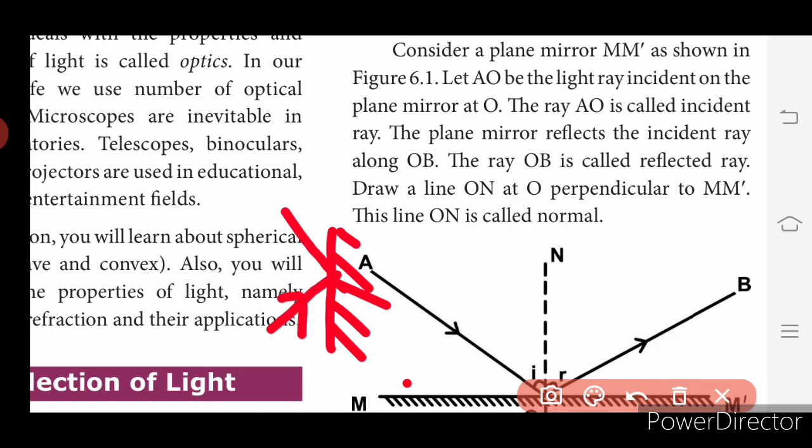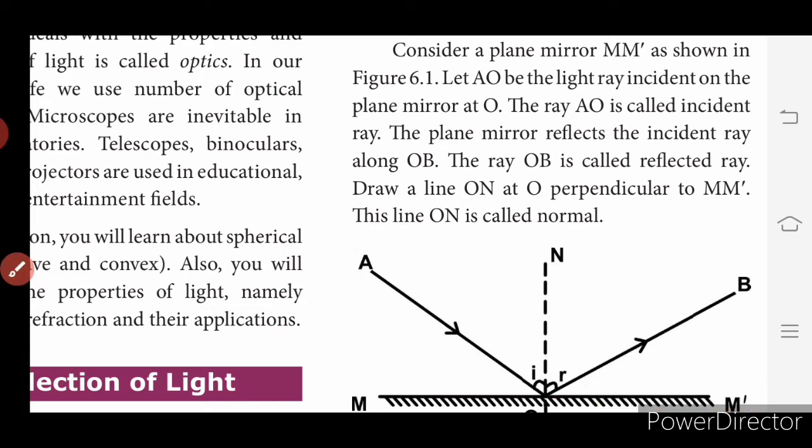So you have to shade the mirror on one side, then only it is considered a mirror. Is that clear? So see here, M and M dash are the mirror.